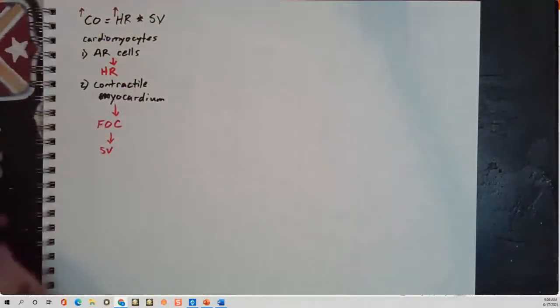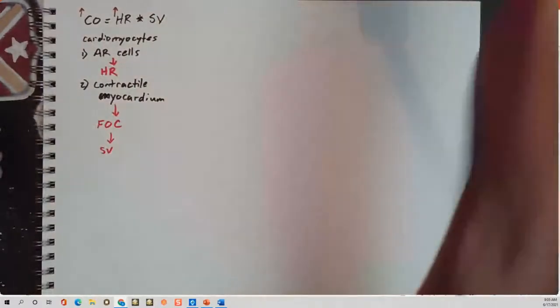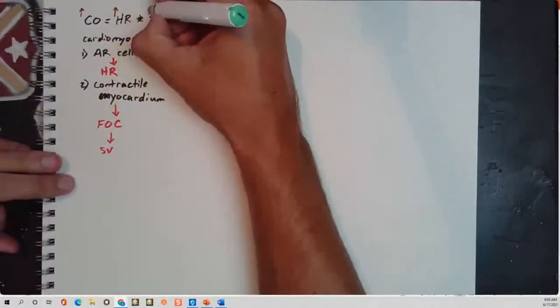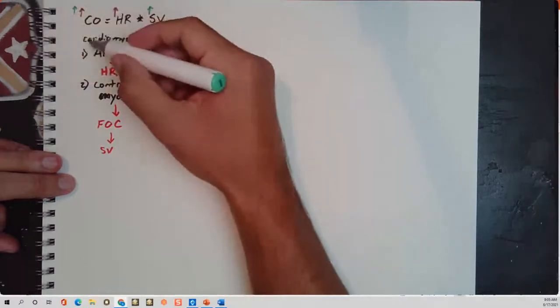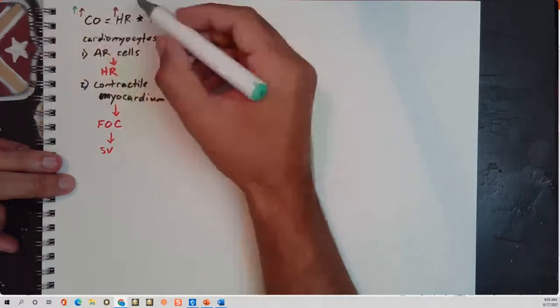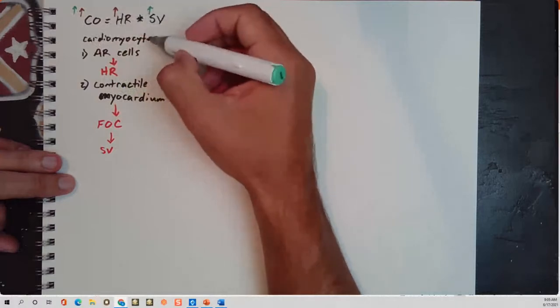Of course we can. And if we increase our heart rate, that will result in an increase in cardiac output. Can we increase our stroke volume? Of course we can. And if we increase our stroke volume, that will result in an increase in cardiac output. Assuming the other one doesn't decrease.